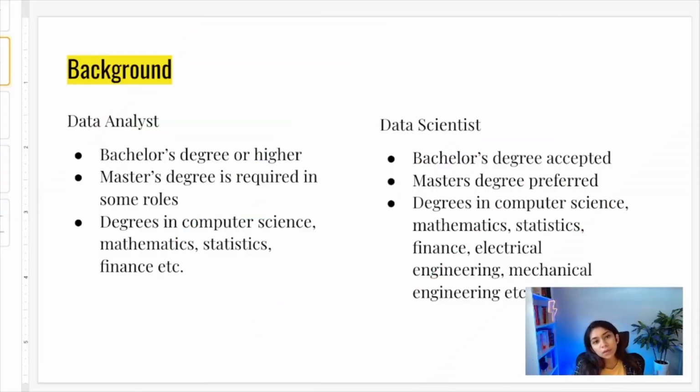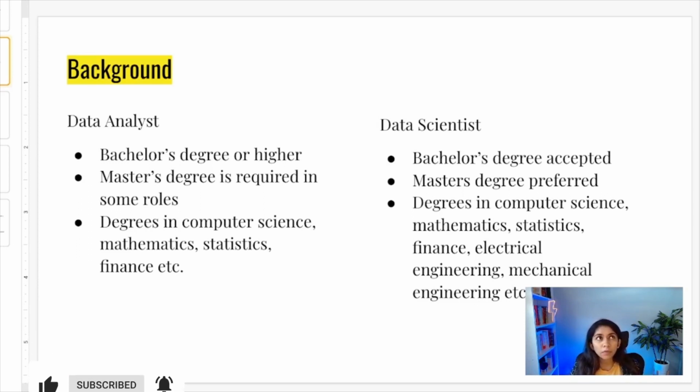Now let's look at what kind of background you need in order to become a data analyst and data scientist. While anyone can literally become a data professional, someone with a bachelor's degree or higher can become a data analyst from any field. It could be anything, civil, mechanical.